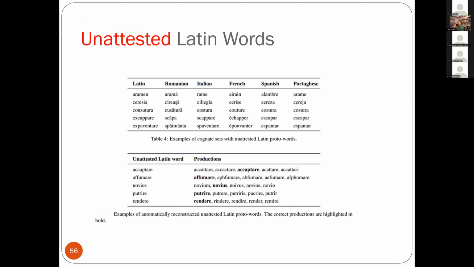We said, okay, let's try to apply our method on the words with Romance modern forms, and see if it is possible to obtain the words which were reconstructed in the laboratory via comparative methods by the researchers who work in this domain.